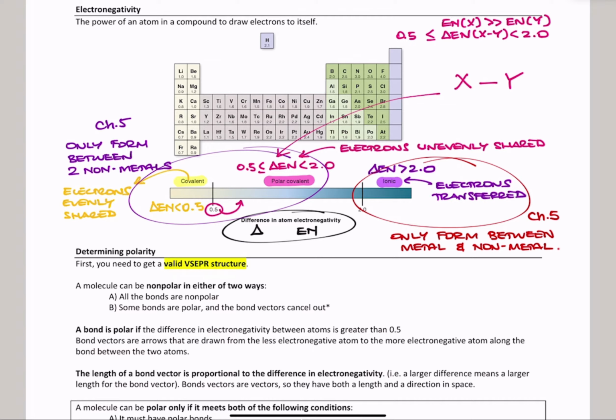If X is more electronegative than Y, X likes the electrons more than Y. Therefore, the electrons that are represented by this line are toward X.